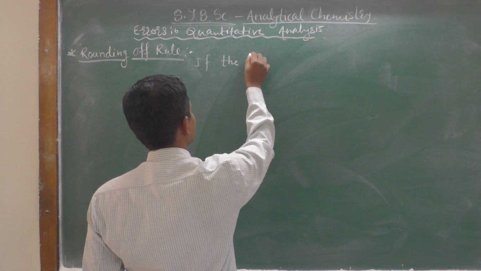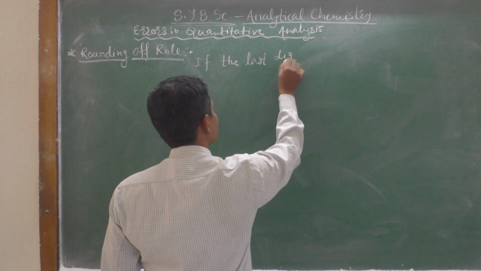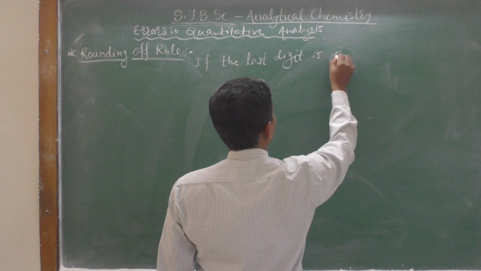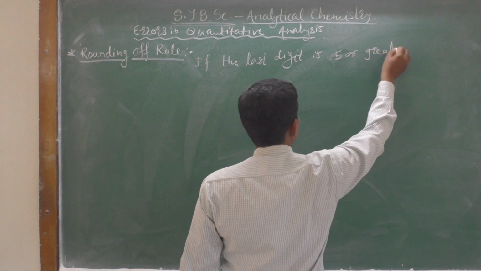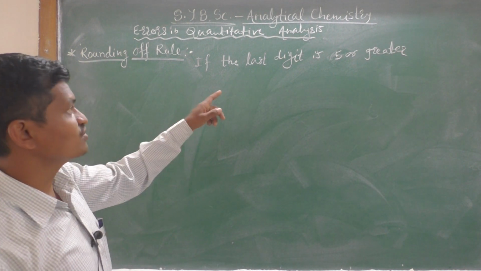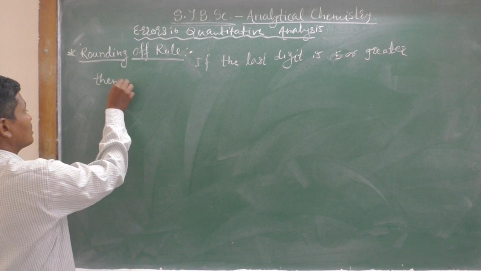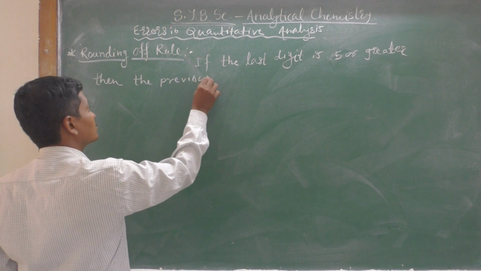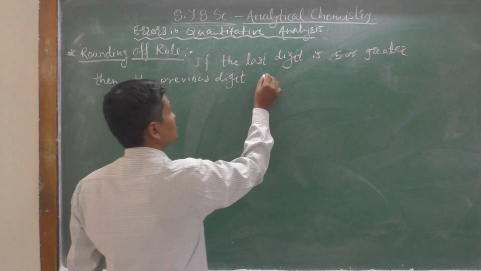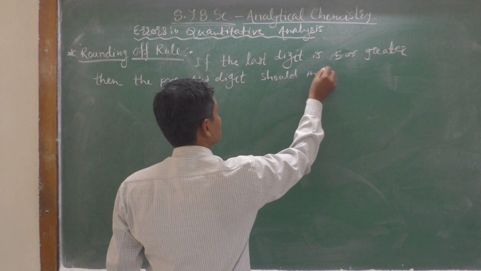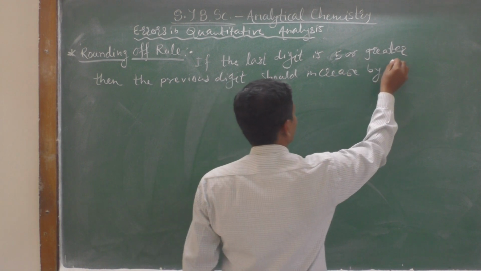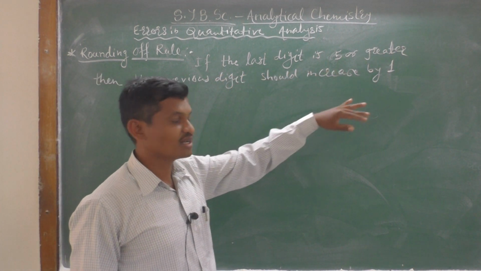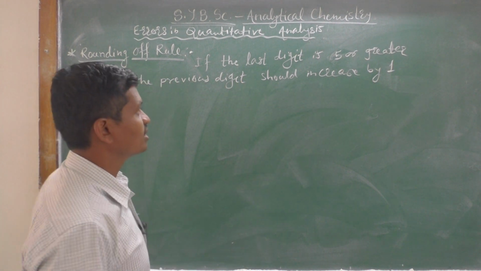So what is this rule? If the last digit is 5 or greater, then the previous digit should increase by 1.